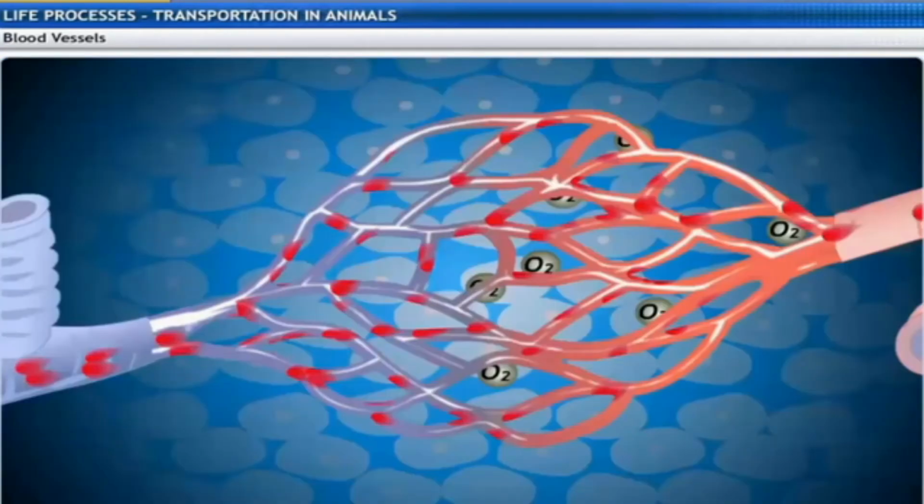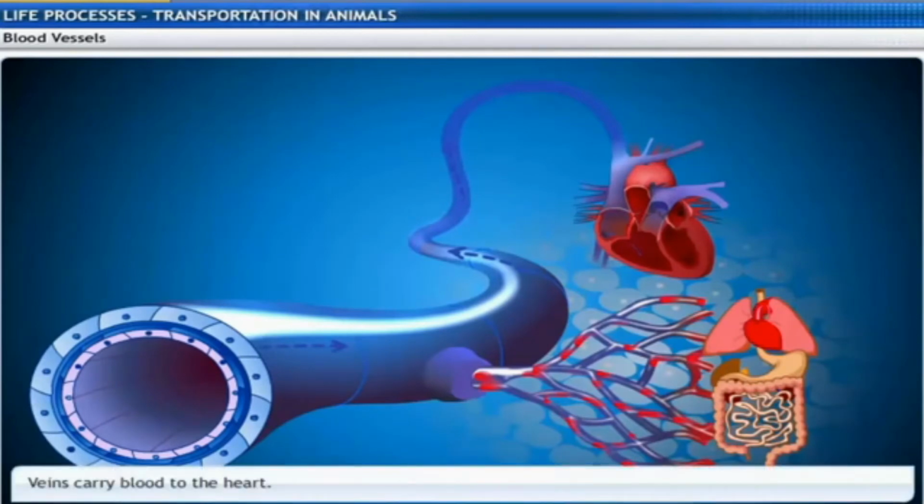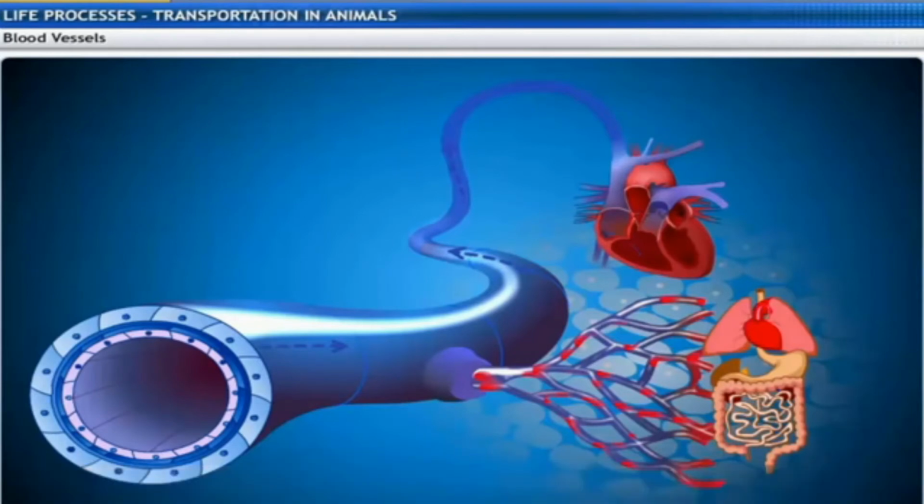The thin walls of the capillaries allow oxygen and nutrients to pass from the blood into the tissues and waste products from the tissues into the blood. The capillaries then join to form veins that carry the blood away from the organ or tissue. Veins collect blood from different organs and transport it back to the heart.